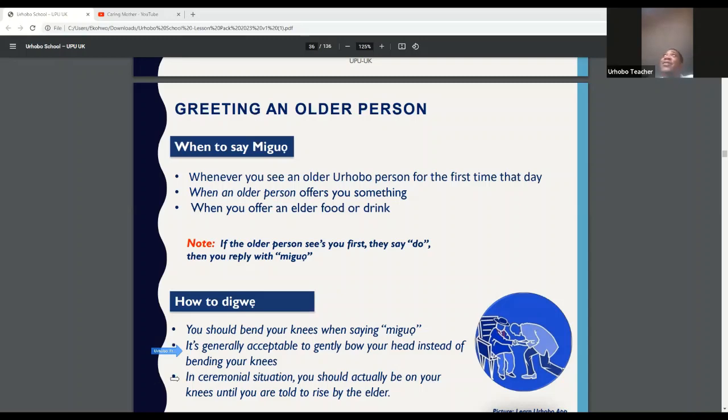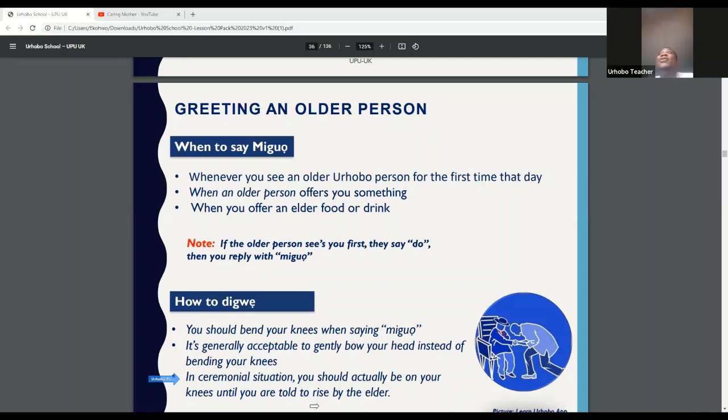Yes, there are some conditions where it is very necessary that you must go down on your knees to digwe, to say Mingwo, in ceremonial activities, such as marriages where the bride has to kneel before the father-in-laws.